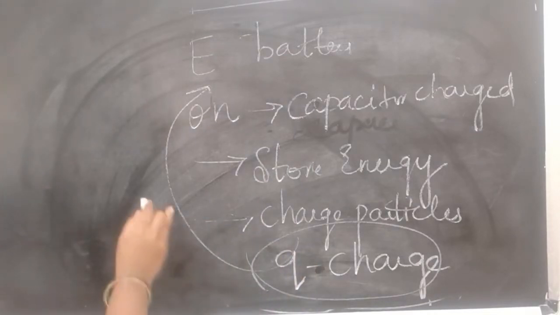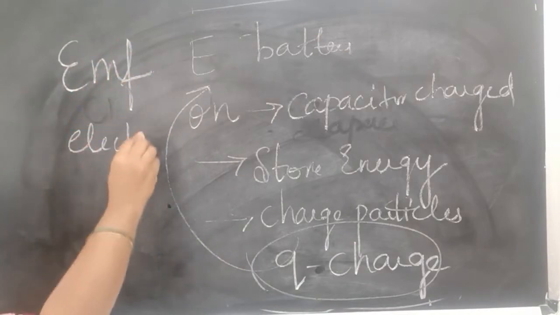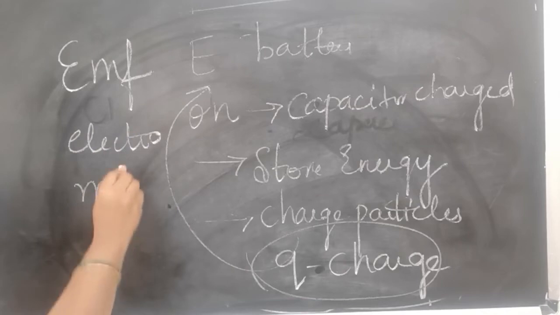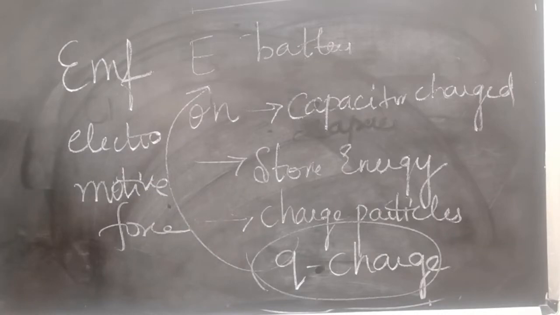Because of these charges, what is produced in the next step? EMF, that is electromotive force, is developed, and a back EMF is developed in the circuit, which decreases the rate of charging of the condenser. This leads to the consideration of the rate of growth in the circuit.